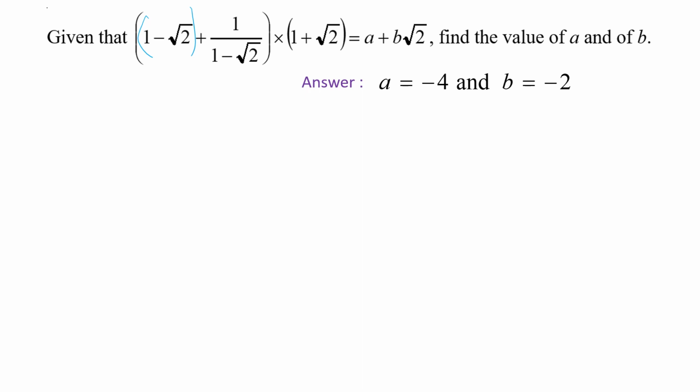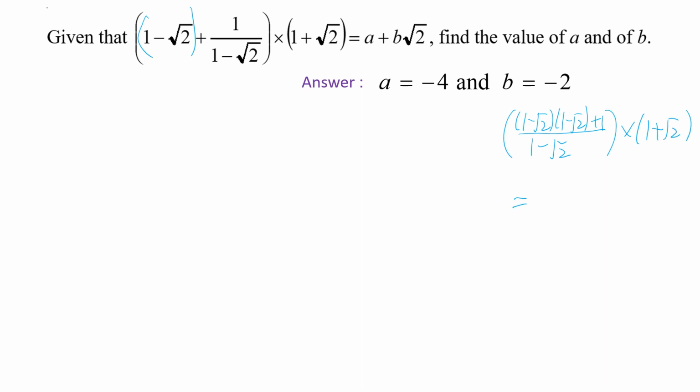The denominator will be 1 minus square root 2. So you will have 1 minus square root 2 multiplied with 1 minus square root 2 plus 1, and then times 1 plus square root 2.